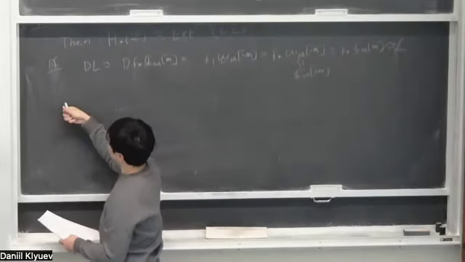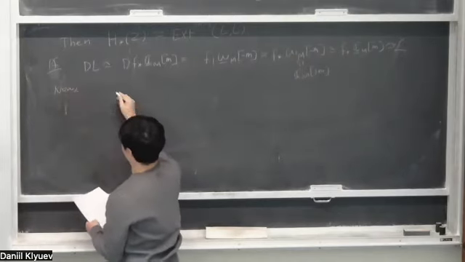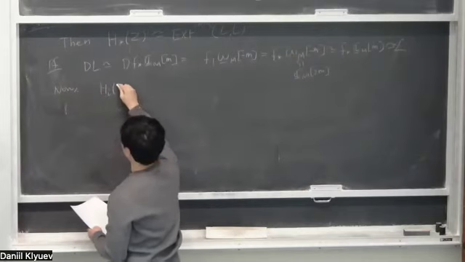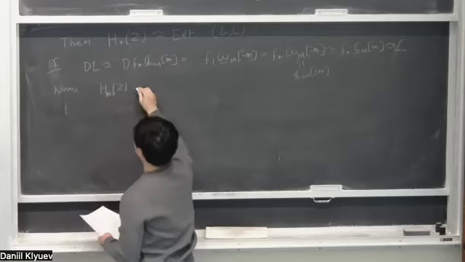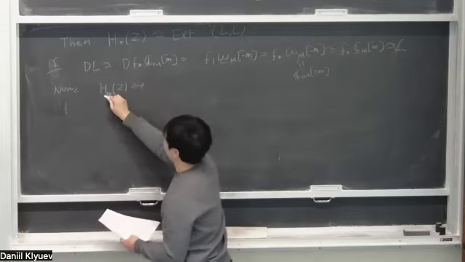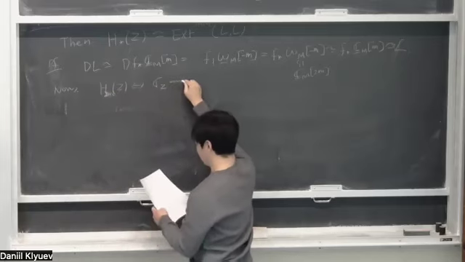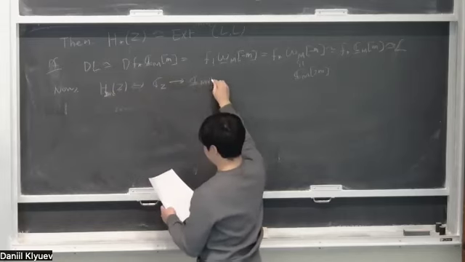Now, consider we have H^i of C, M minus i of C, which corresponds to 2m minus i of C, corresponds to C_Z into C_{n+m}.